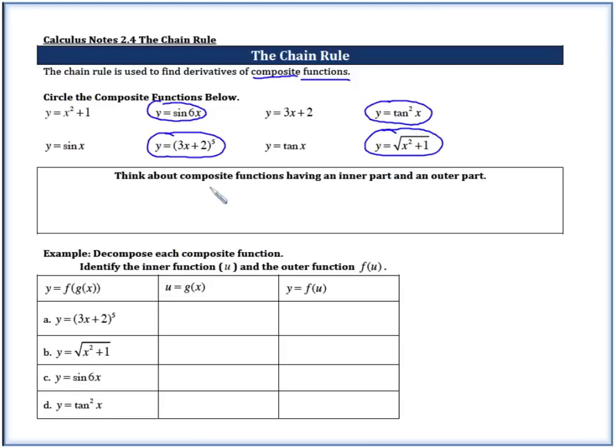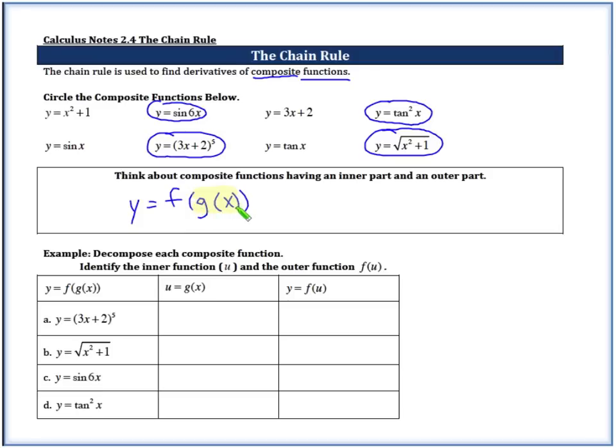Now when we think about composite functions, remember they look like this: y equals f of g of x. Now when we look at this, we can see that there is an inner part.